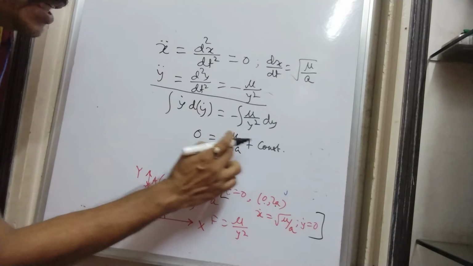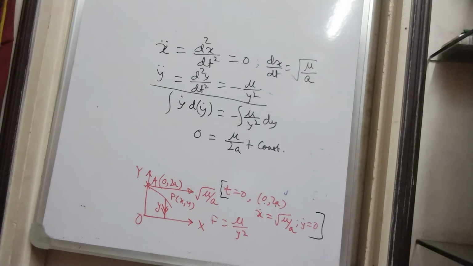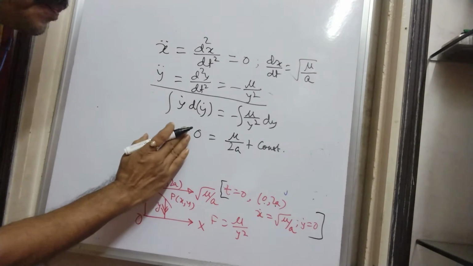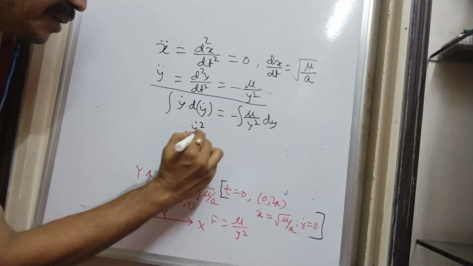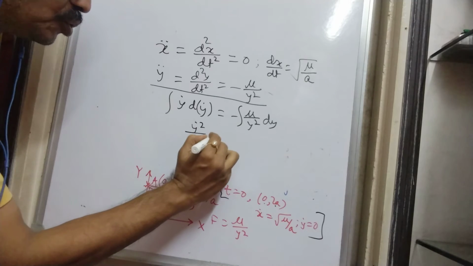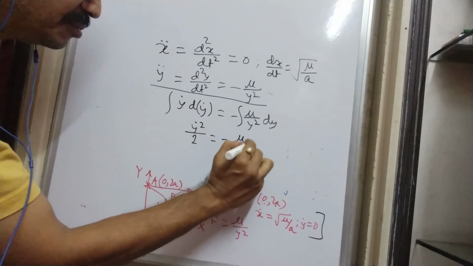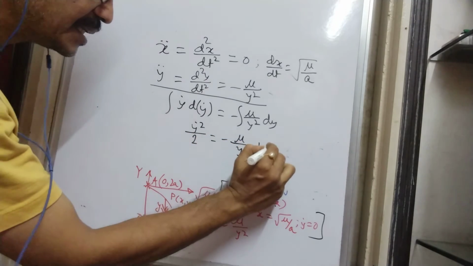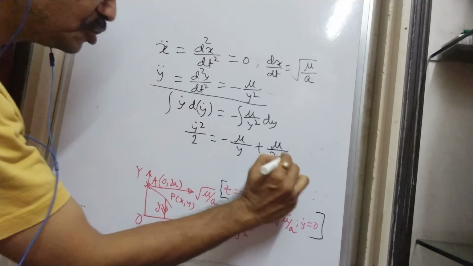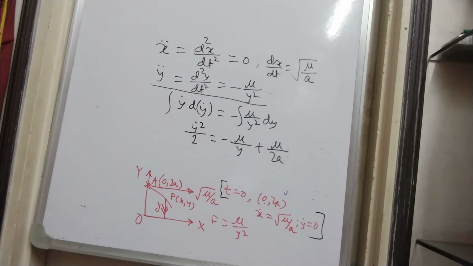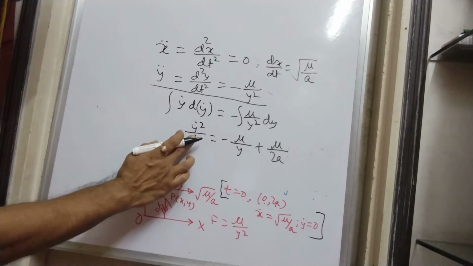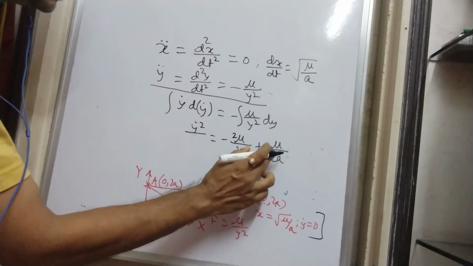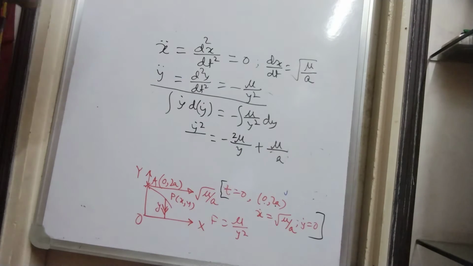So the value of the constant will be minus mu by 2a, and so the actual expression will be y dot square by 2 will be equal to minus mu by y plus mu by 2a, as simple as that. And we can multiply these two and get this expression.